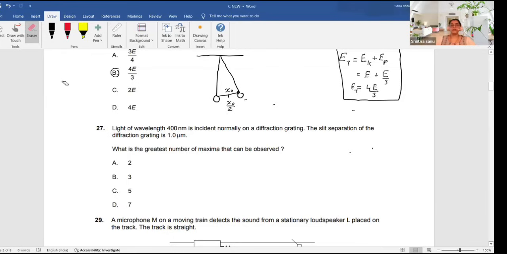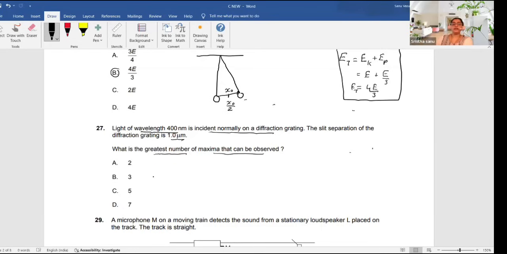Let's now go to the next question. Light of wavelength 400 nanometers is incident on a diffraction grating normally. So you know the wavelength and you know the angle. The slit separation is 1 micrometer. What is the greatest number of maxima that can be observed?